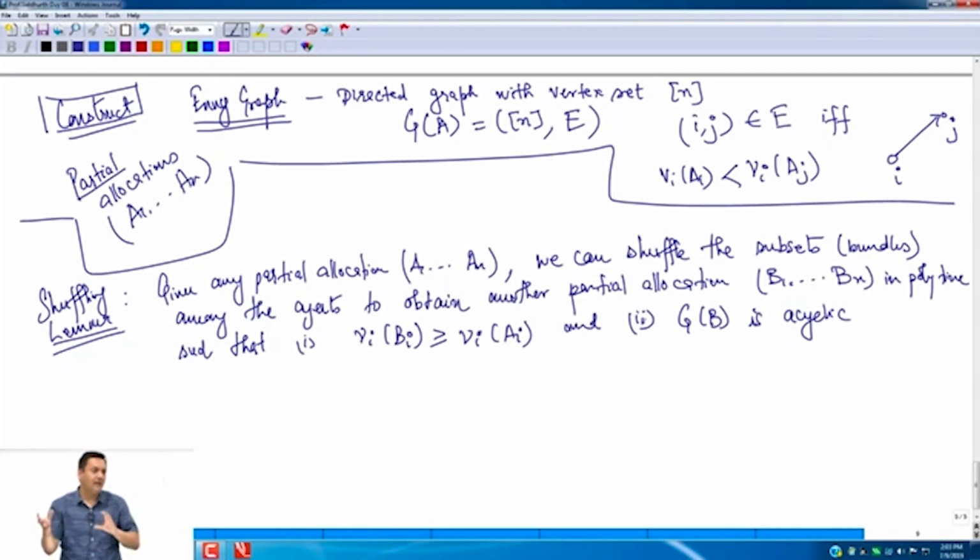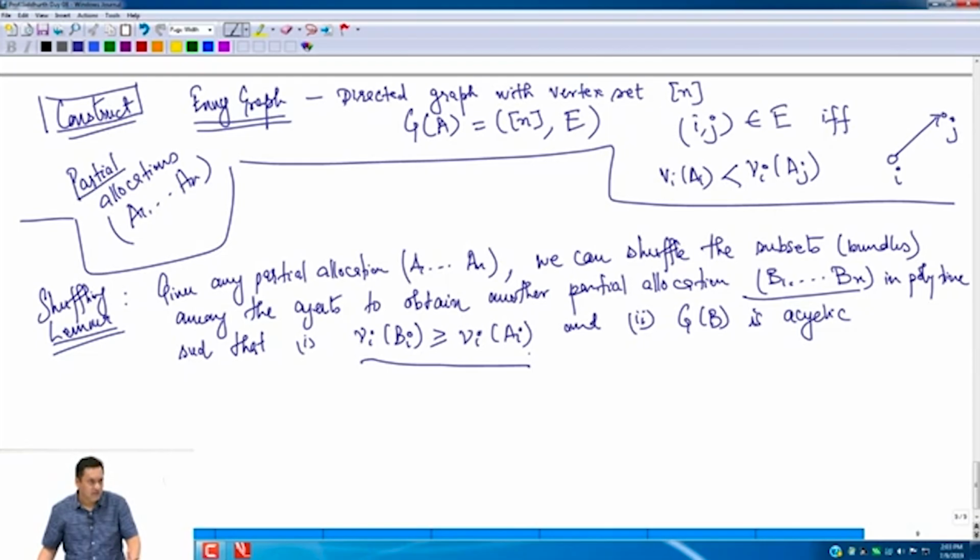So I just reassign these bundles, such that the potentially new partial allocation I obtain has 2 very nice properties. The first one is that no one gets angry, no agent actually gets angry with this shuffle, in the sense that for every agent, possibly the new bundle it receives, the bundle might not change.